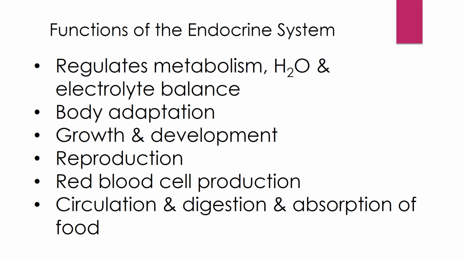The endocrine system also promotes smooth sequential growth and development, and it helps to control reproduction, like once we all hit puberty. It is also important for red blood cell production and helps to regulate that. And lastly, it works with the autonomic nervous system in controlling and integrating both circulation and the digestion and absorption of foods.